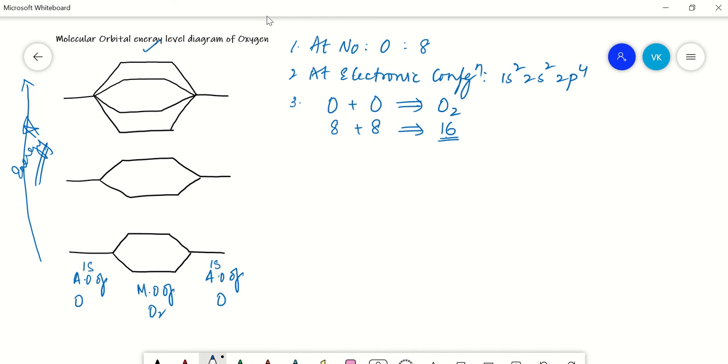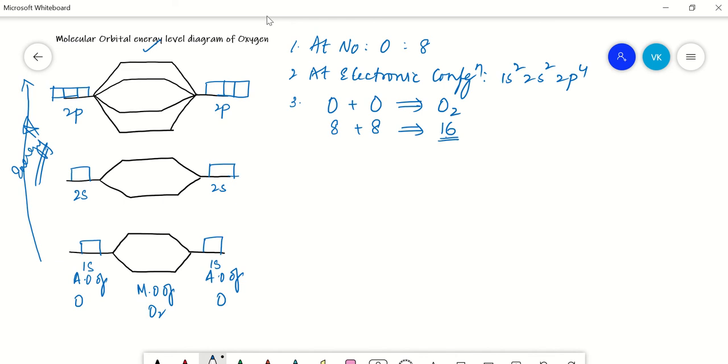First 1s orbital is considered and we are going to draw it like this, and then coming to the second, 2s orbital, these two are atomic orbitals, right? And then coming to the third level, that is the 2p orbital, you have 3 p orbitals, px, py and pz, and even here also we are going to represent the same thing, 3 p orbitals, px, py and pz.